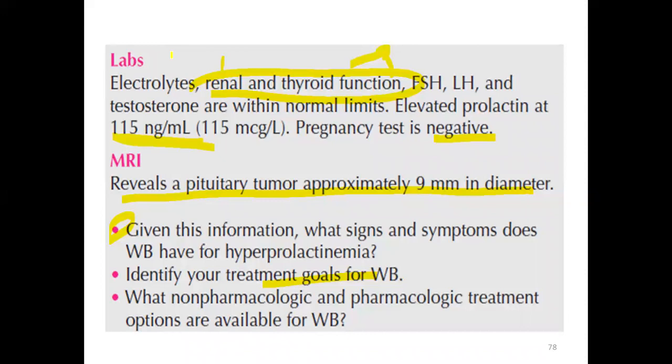What are the treatment strategies for this patient? To normalize the prolactin level. Yes, that's the goal of therapy, but the treatment modalities?